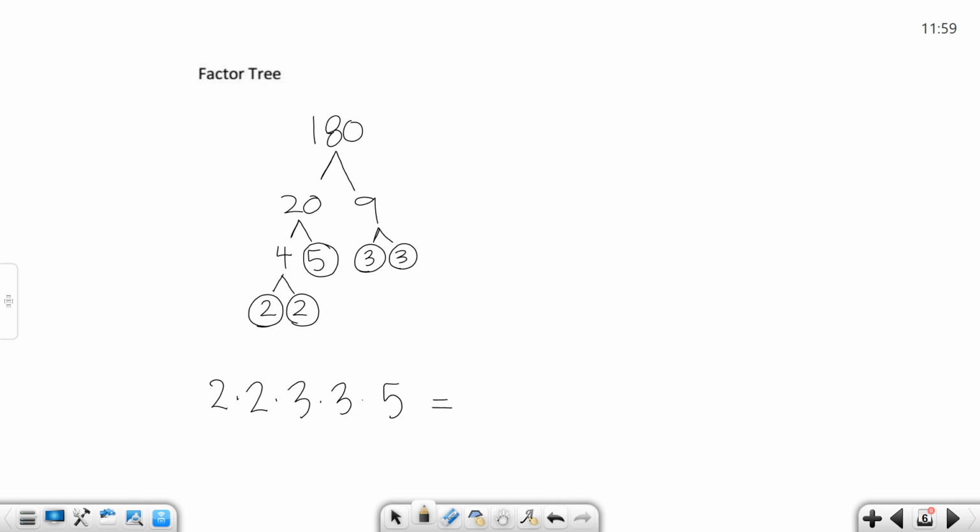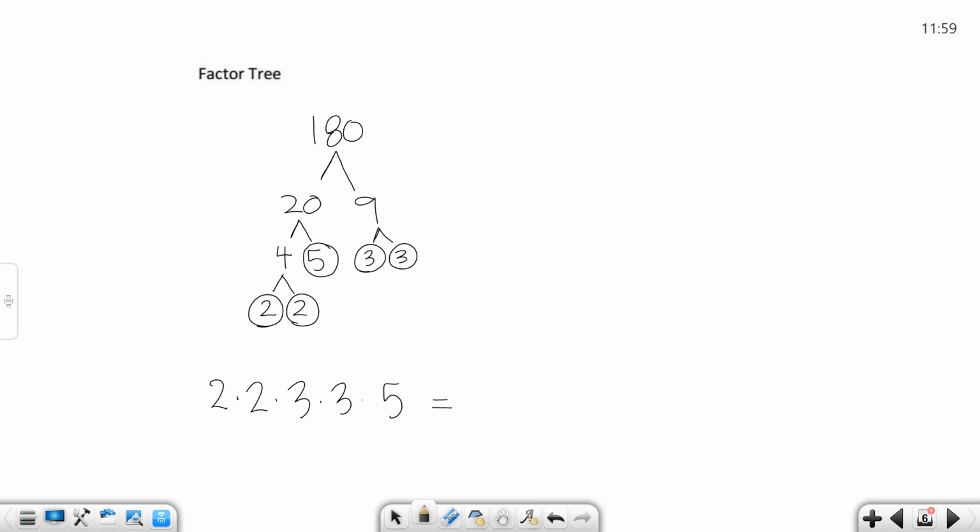And if you multiplied all those together, 2 times 2 is 4, 3 times 3 is 9, and 5. So 4 times 9 is 36, and 36 times 5 would be 180. So I didn't leave anything out. That is the factorization. You can always check these by multiplying them back out.